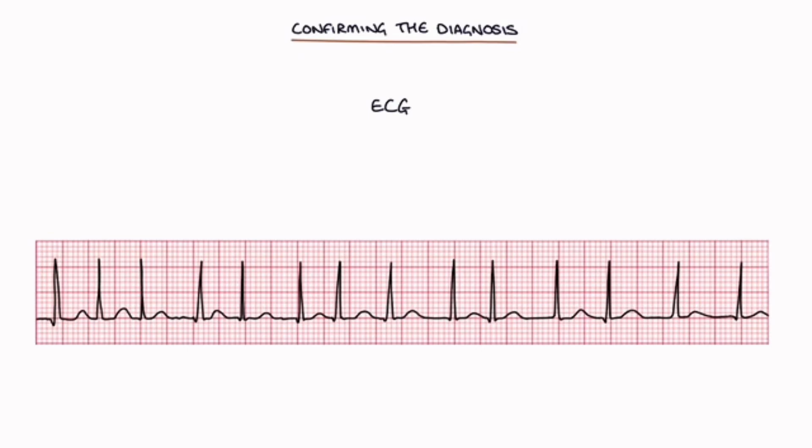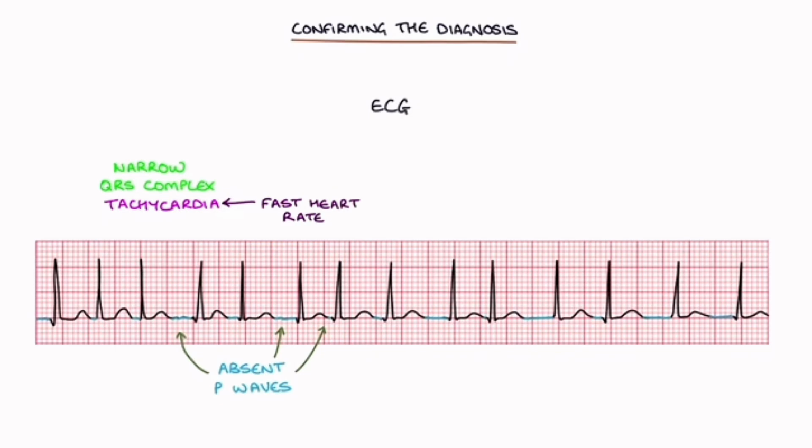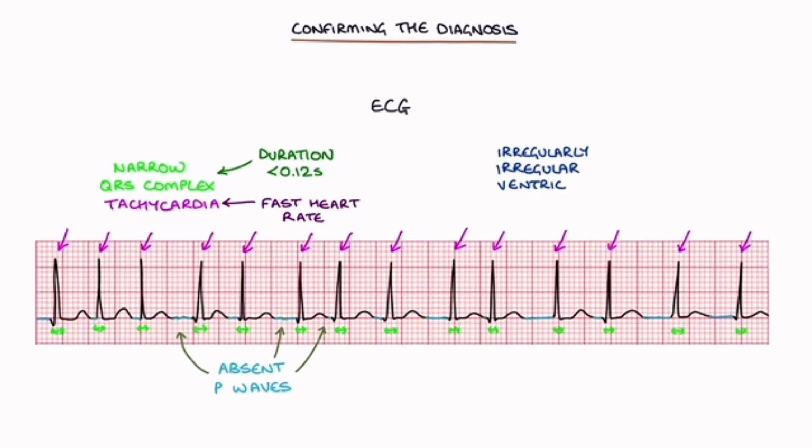The key ECG findings to remember are absent P waves, narrow QRS complexes, tachycardia, meaning a fast heart rate, with a QRS complex duration of less than 0.12 seconds, and an irregular ventricular rhythm. Next, we'll continue with the examples.